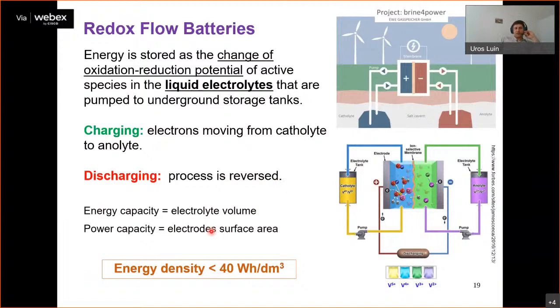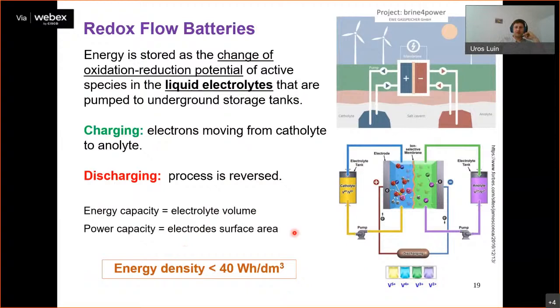If you think about energy capacity, the amount of energy you can store in such a system depends solely on electrolyte volume. So the bigger the volume of the tanks, the more energy you can store. And if you want more power, you need to increase your system: the bigger your electrode surface area, the bigger power you will have.